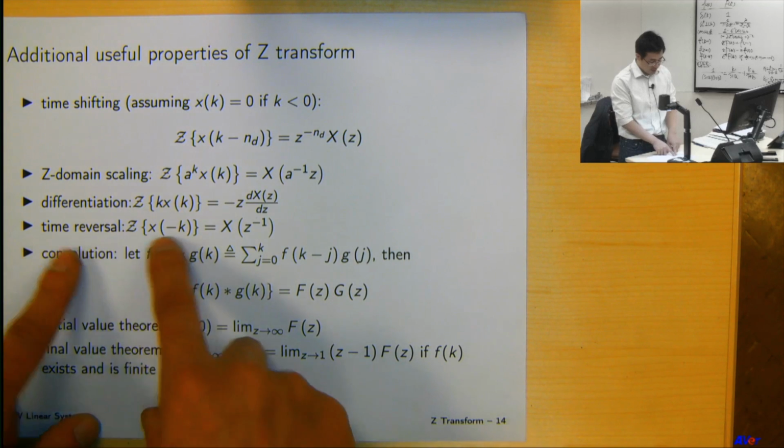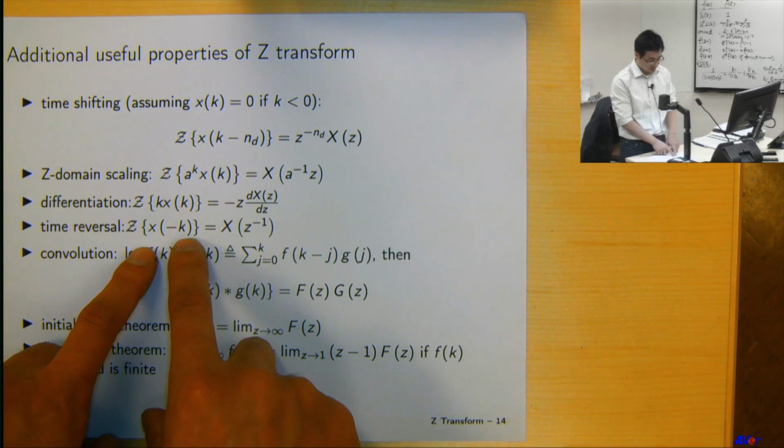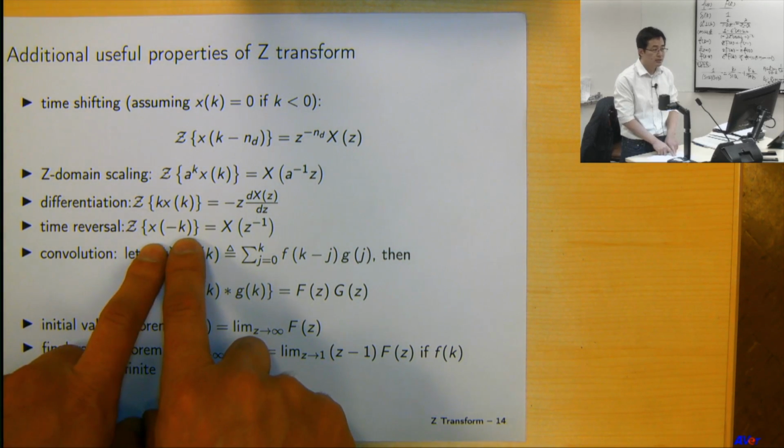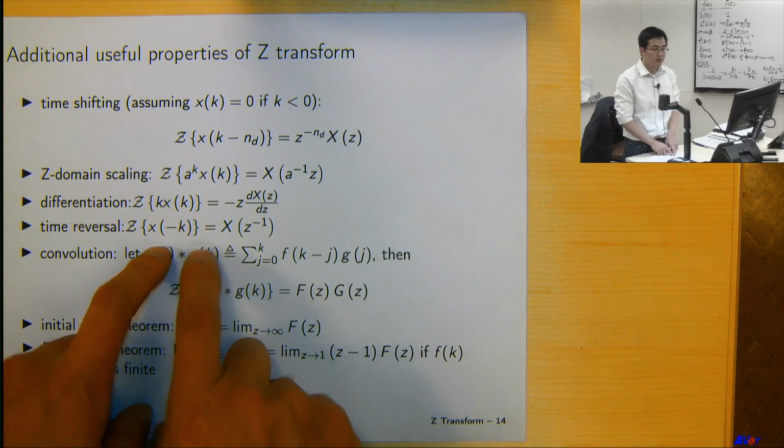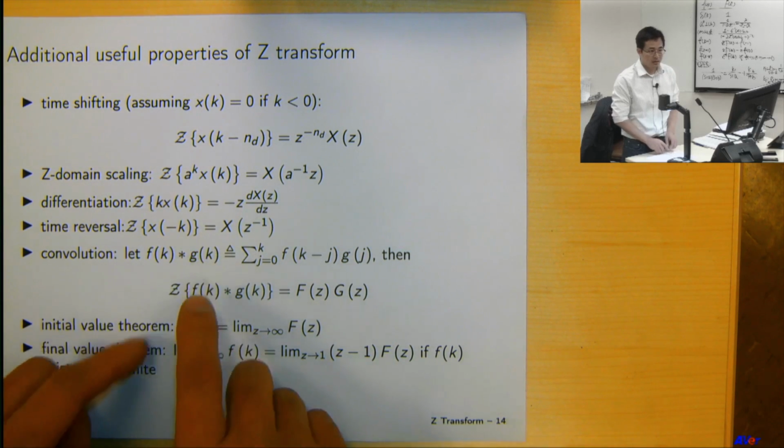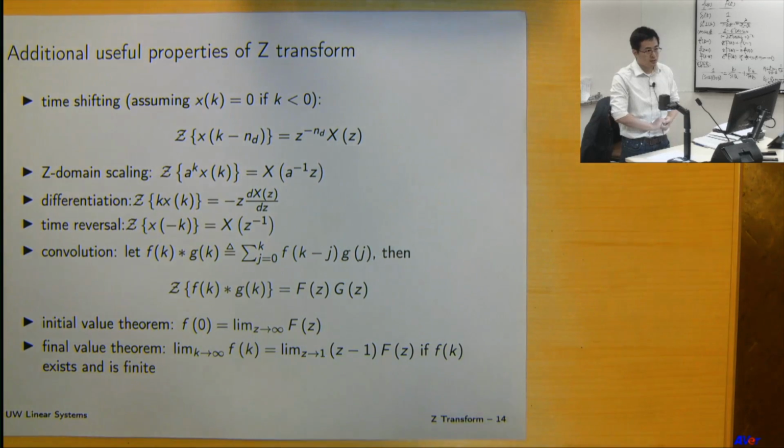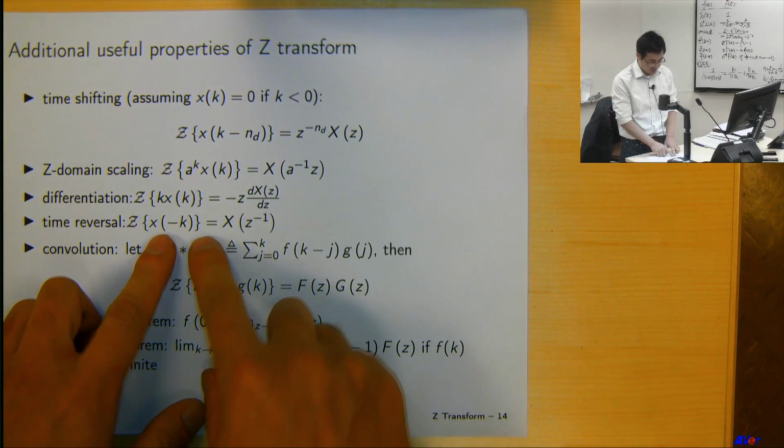There is a time reversal. This is something very interesting, and it's used in one of the advanced control techniques called adaptive inverse control. They use this property precisely.